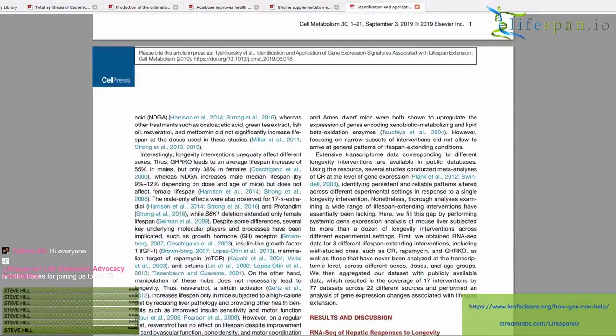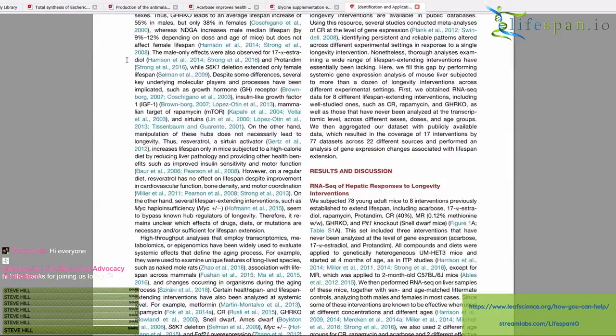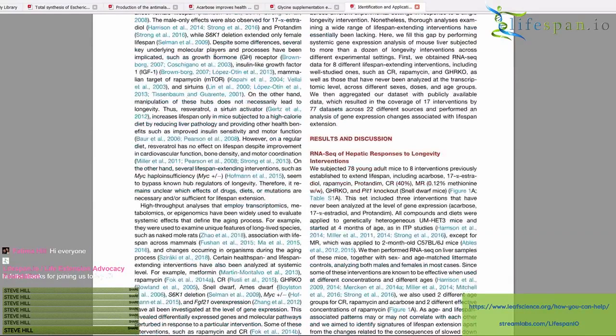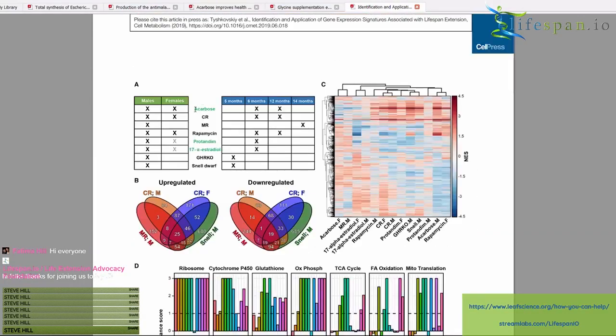First picture gives some overview. So we had 8 different interventions, and in green here on panel A, you can see interventions that are new. It means that there has been no data on them previously. And in most cases, we had both males and females, and they also looked at different ages. Basically the main reason was just the data we had.